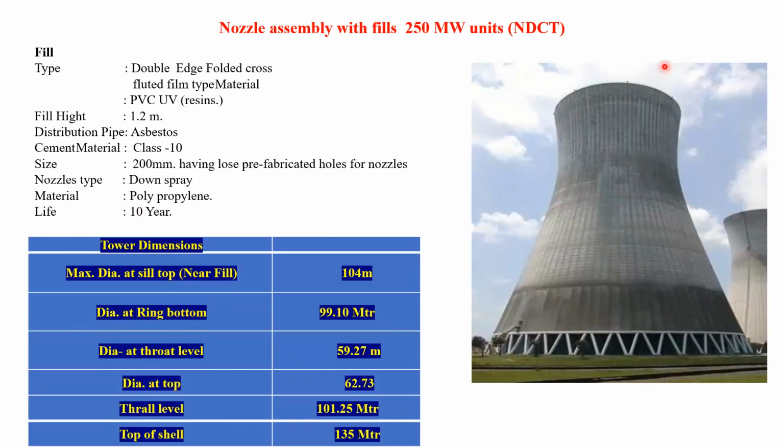Diameter at the top again increases to 62.73 meters. The throat level means the venturi level, where it is the narrowest. From the base it is 101.25 meters, and total length of the shell from the ground to the top is 135 meters. So that was the height. Okay, this is about the dimensions and materials.